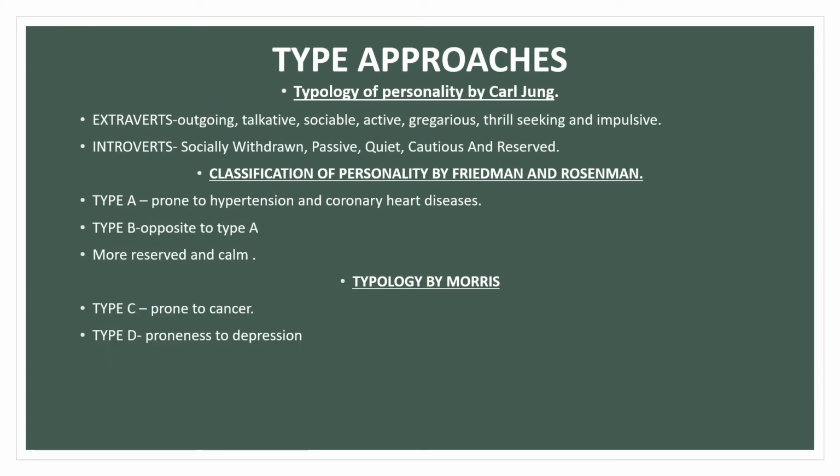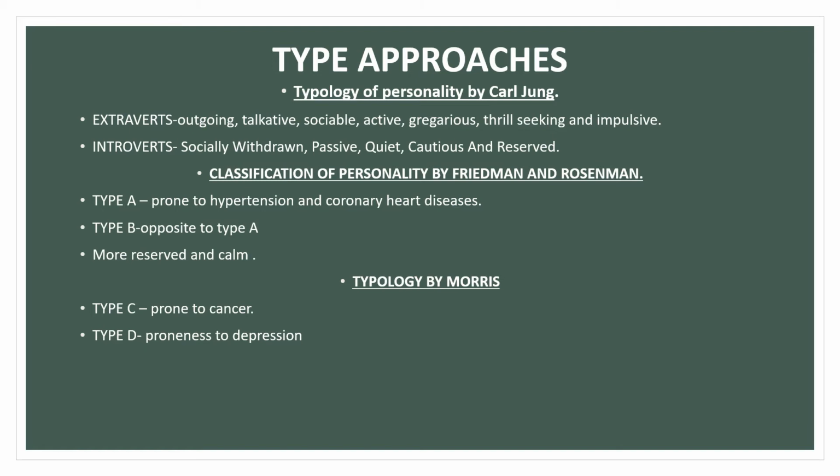Next type of personality is given by Carl Jung. According to him, there are two types of personality, that is extroverts and introverts. Extroverts are very open, sociable, and socially assertive, oriented towards the people and the external world, whereas introverts are withdrawn and often shy, and they tend to focus on themselves, on their own thoughts and feelings.